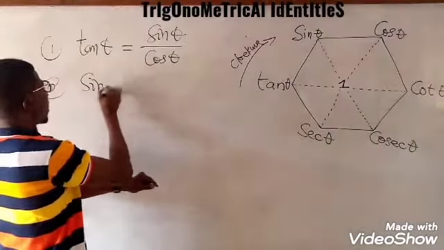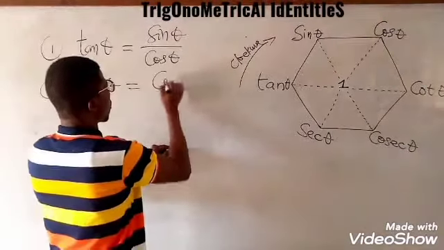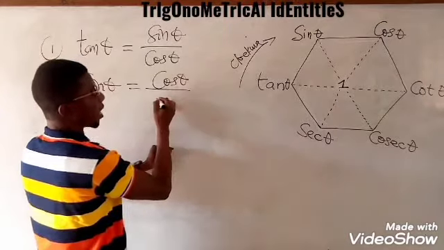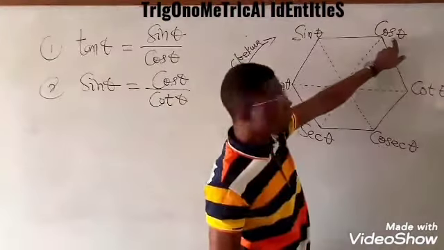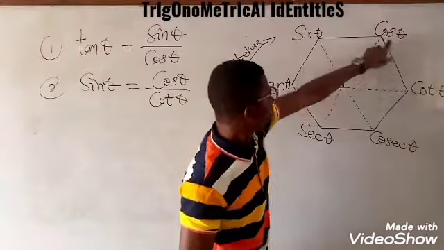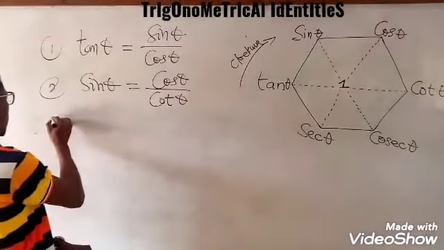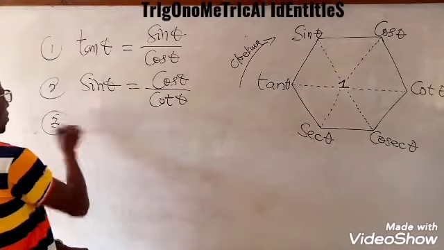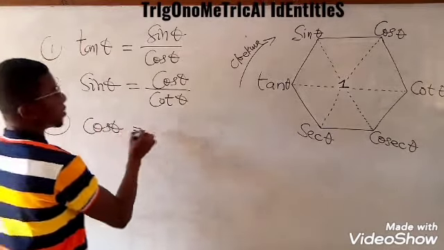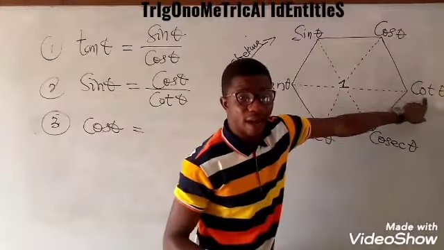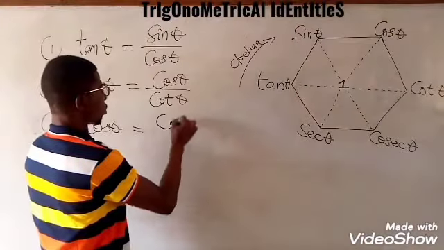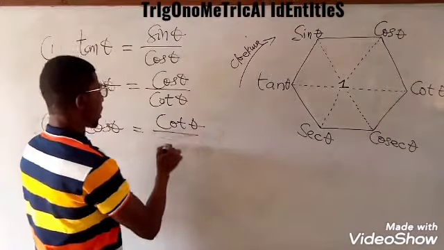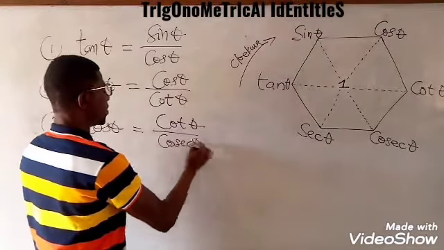And cos theta is equal to cot theta divided by cosec theta.